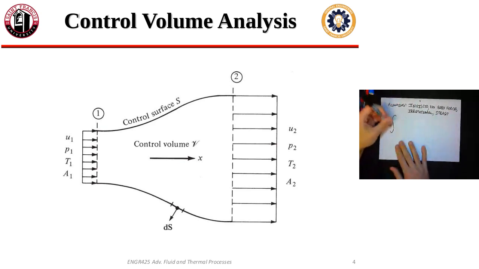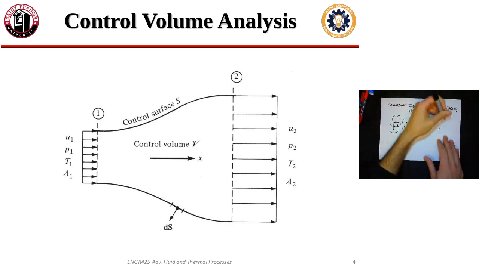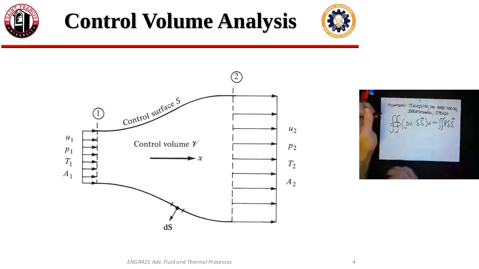Our expression for the conservation of momentum looks something like this. Okay, so this over here again, which we said is kind of like momentum before, right?